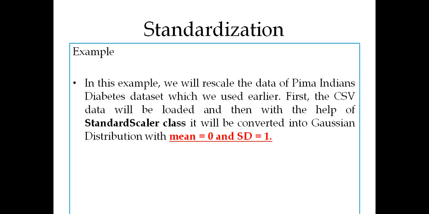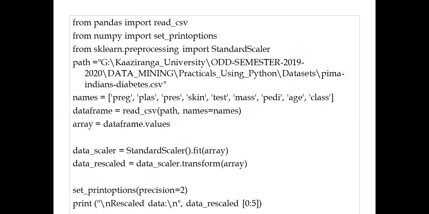Then, with the help of the StandardScaler class, it will be converted into a Gaussian distribution with mean 0 and SD 1. Do remember, guys, I'm underlining this: mean is equal to 0 and SD is equal to 1. Also put it in black and red because this is very important.